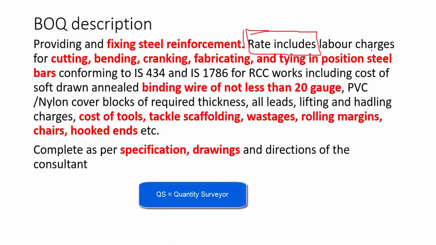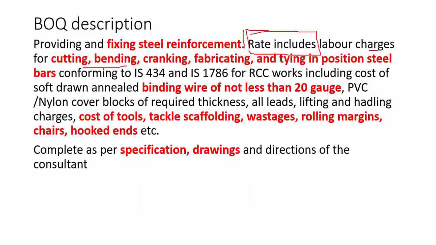Rate includes labor charges. Labor charges means supervisor, there is a steel fixer, there is a person who is working directly or indirectly, involved with it. Then cutting, bending, cranking, fabricating, and tying in position steel bar, this we have discussed already.